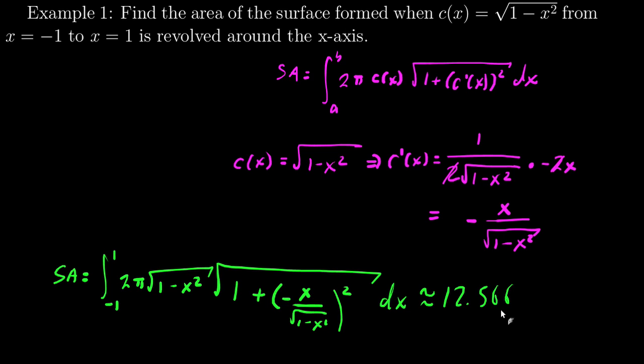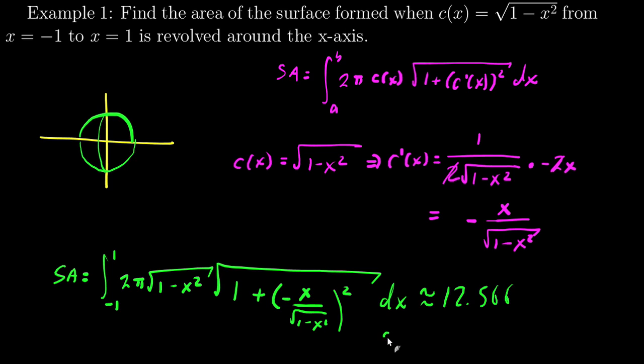Now, I said this wasn't going to be surprising. This was what we should expect because, recall, what we have here is a circle, or a half circle, with radius 1, revolved around the x-axis, which means I'm going to get a sphere with radius 1.